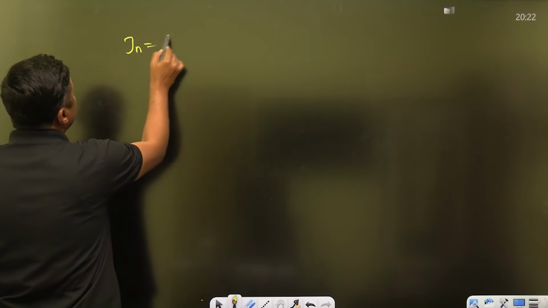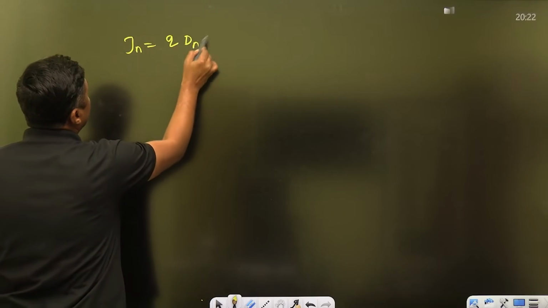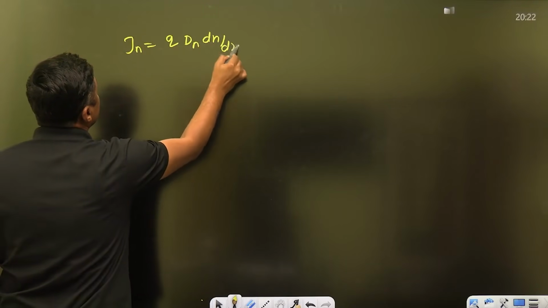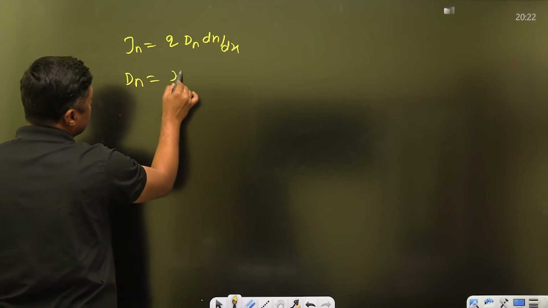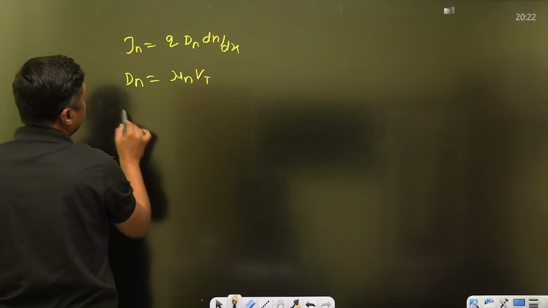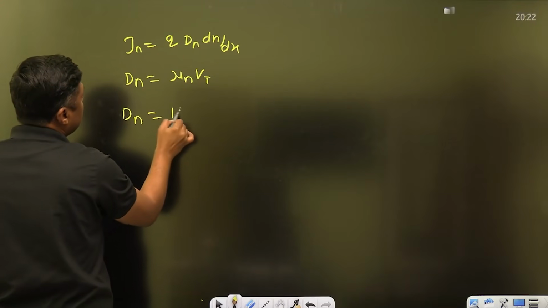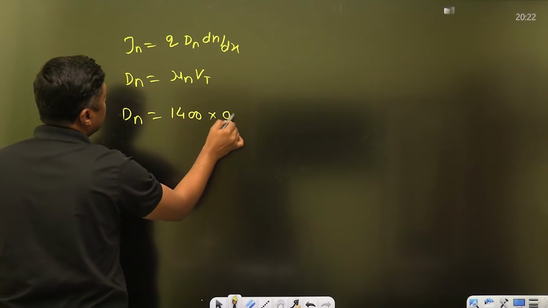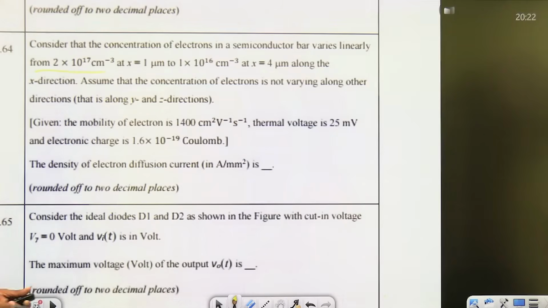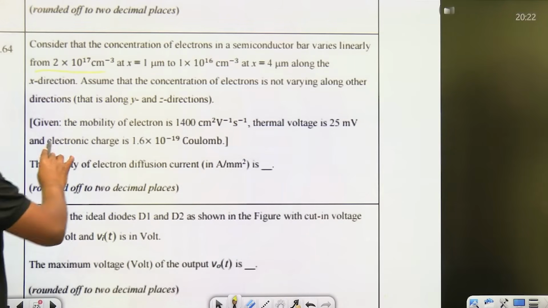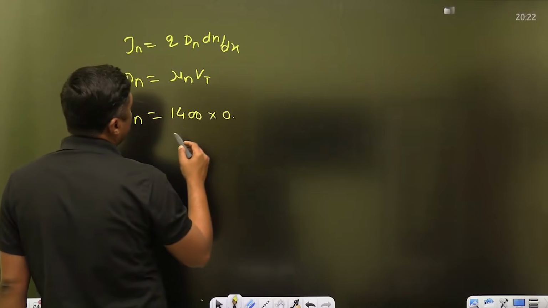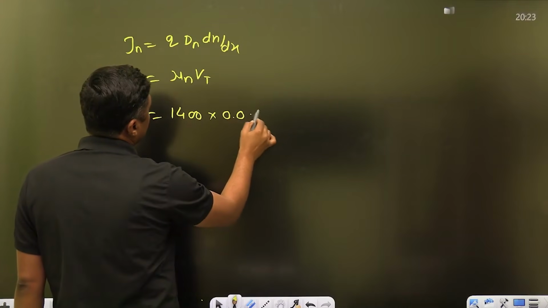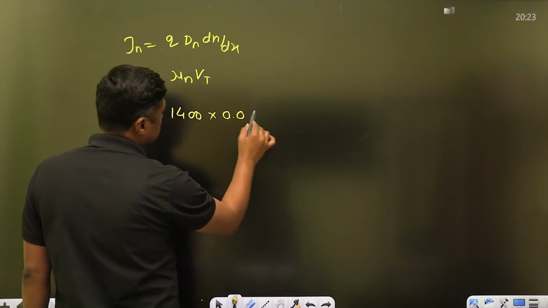Diffusion current density is q dN by dx, where dN is called the diffusion constant. According to Einstein equation, it will become mu n into Vt. Mu n is given in the question, 1400, Vt is given in the question, 25 millivolt, 0.025 volt.